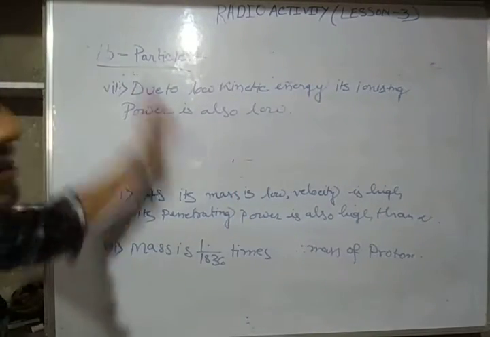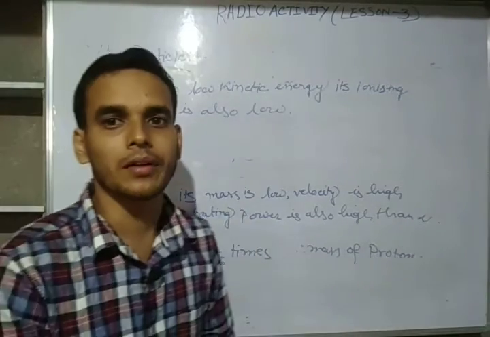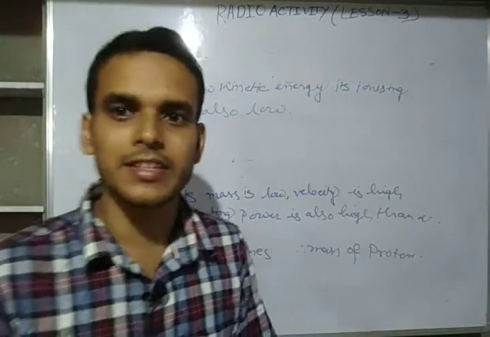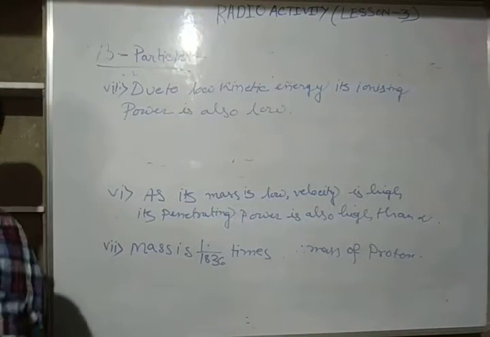This is the basic characteristics of beta particle. But what occurs when a beta particle is ejected from a radioactive nucleus? Let's see.